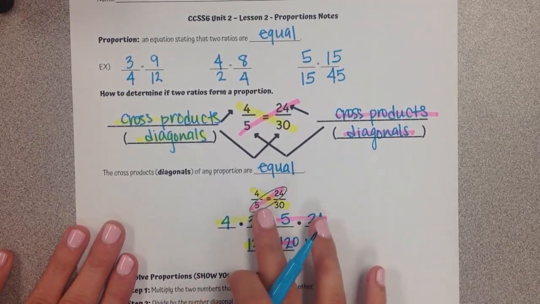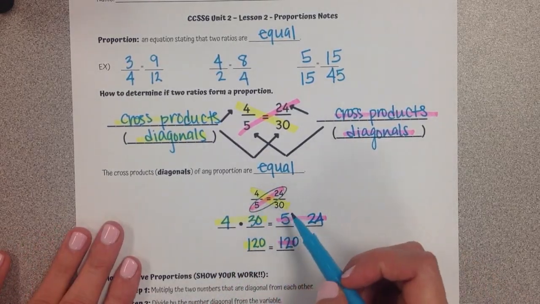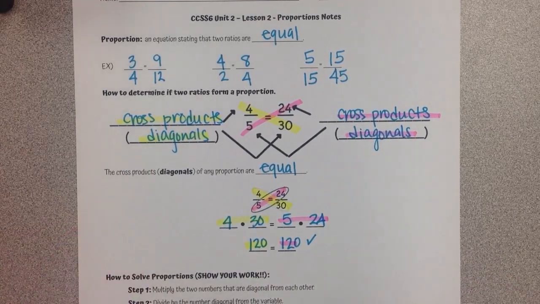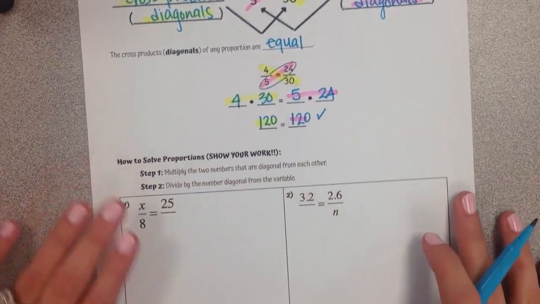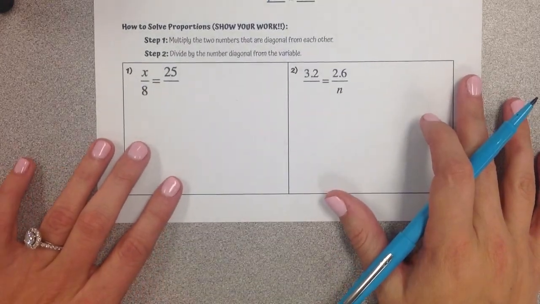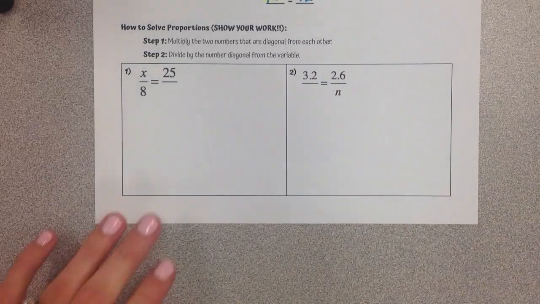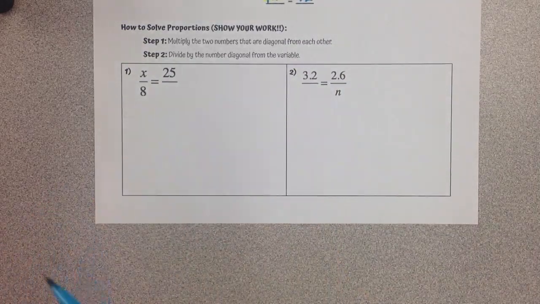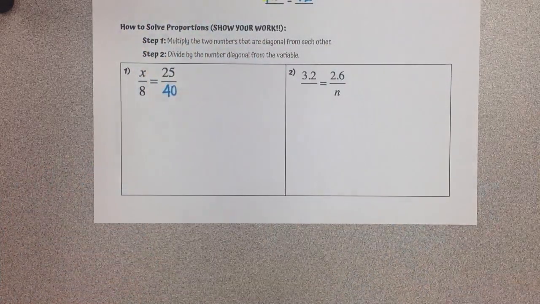We can use this idea to actually solve for unknowns. What if we're only given 3 of the numbers instead of 4? We can solve for the 4th one based off of this idea that those proportions are equal. So the first thing that we do is we multiply the two numbers that are diagonal from each other and divide by the number diagonal from the variable. So here's what we're going to do. First off, we're missing a number here, so I'm going to give that to you.